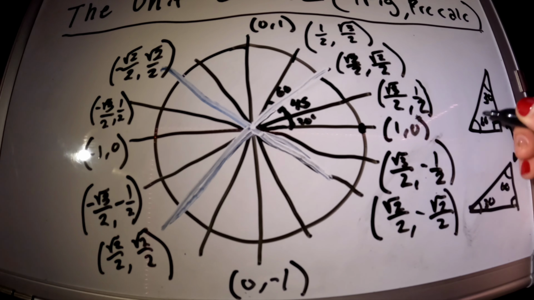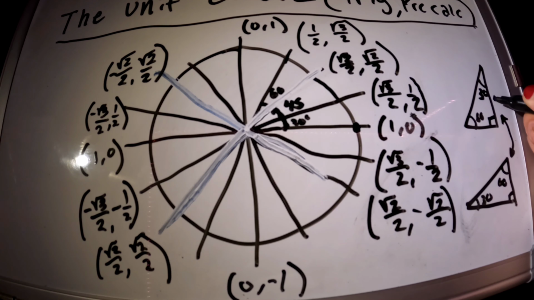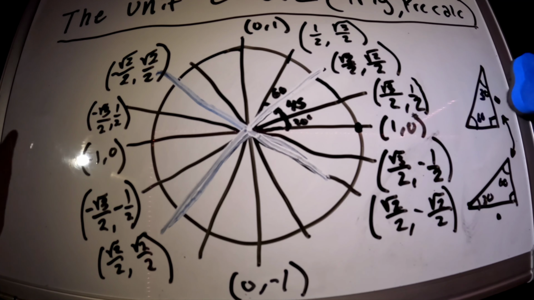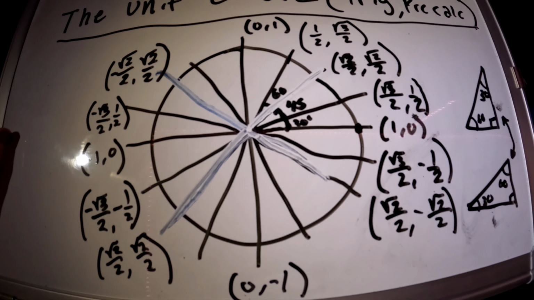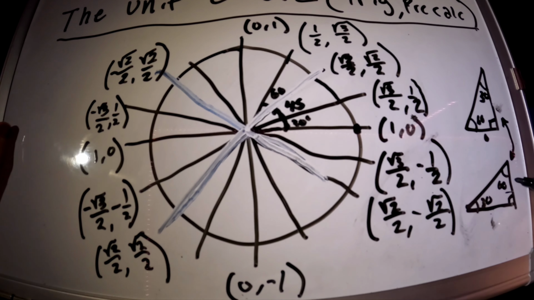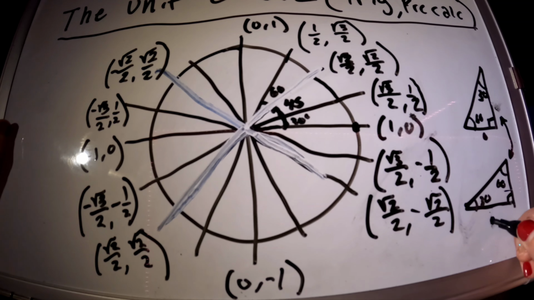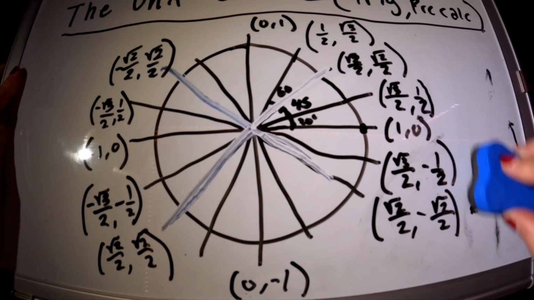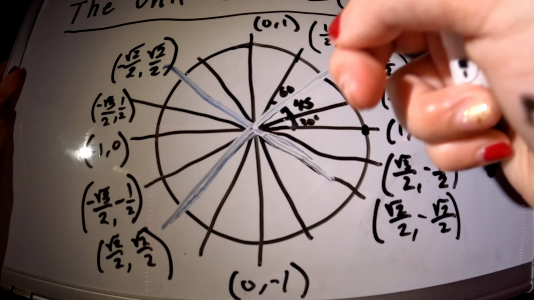So if we look at this 60-degree angle, this opposite side is now going to be the longer side, which is this adjacent side. And then this adjacent side that's shorter right here in the 60 is now going to be the long side of its adjacent. So that's going to be the same for all of these.